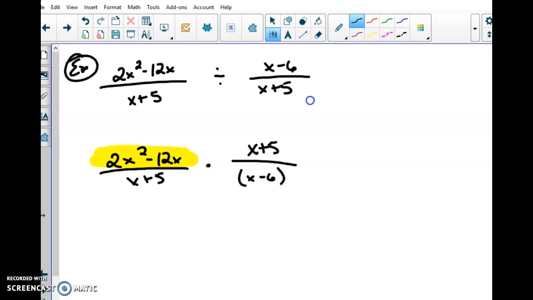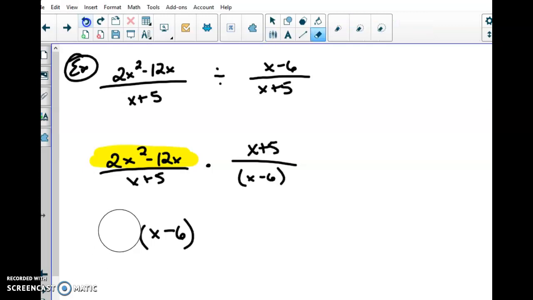So looking at that highlighted part there, the 2x squared minus 12x, they both have in common a 2x that can be factored out. Well, 2x squared divided by that 2x here is really 1x. Negative 12x divided by this 2x is going to be minus 6.